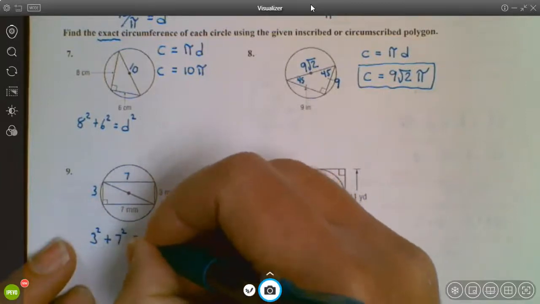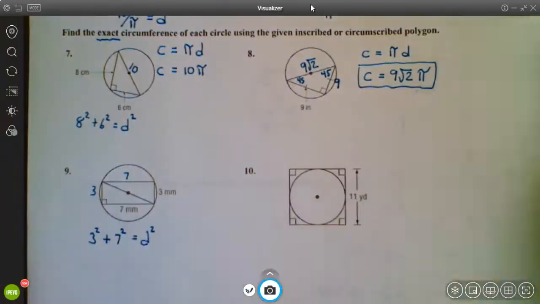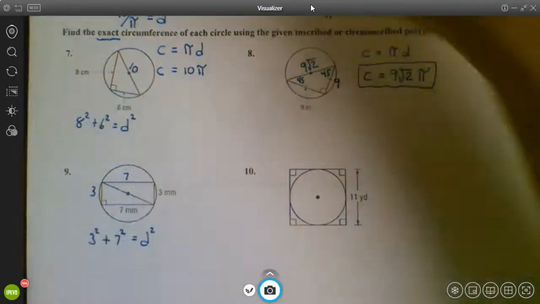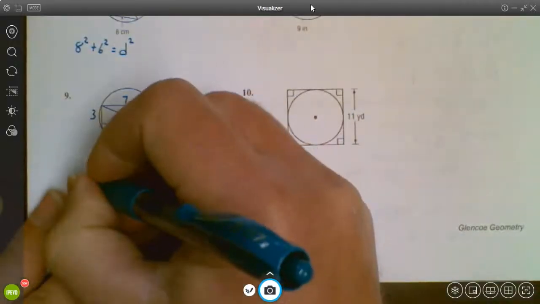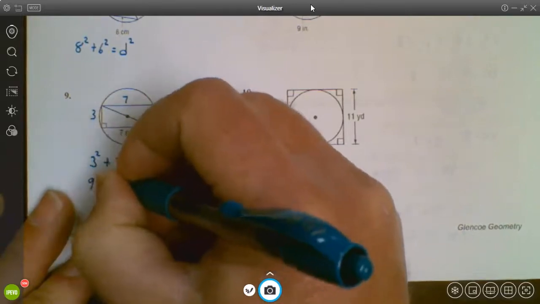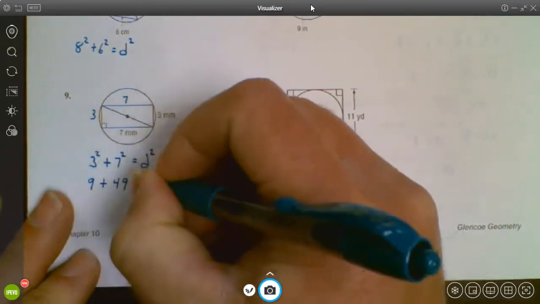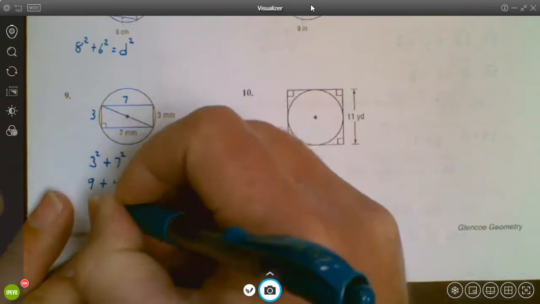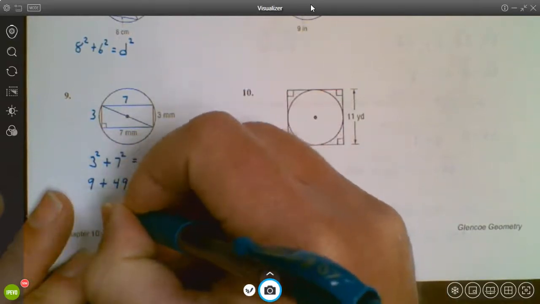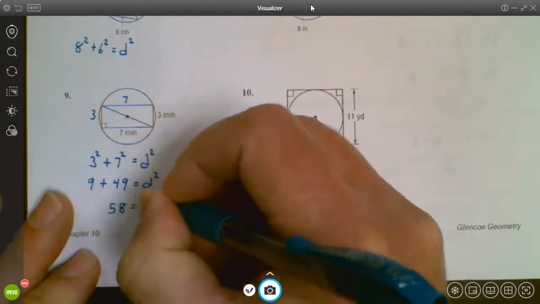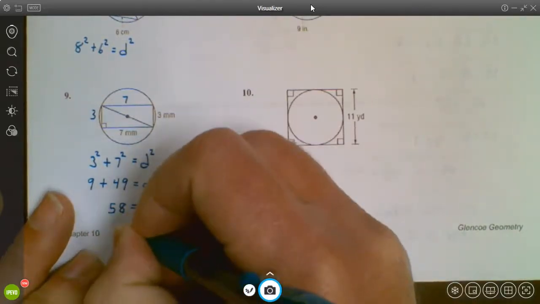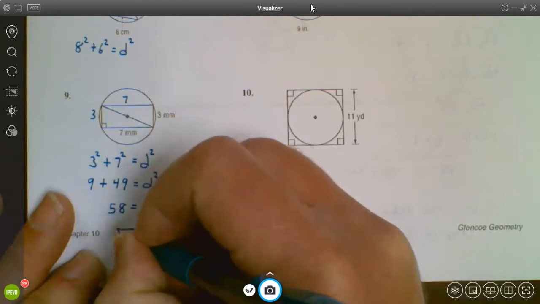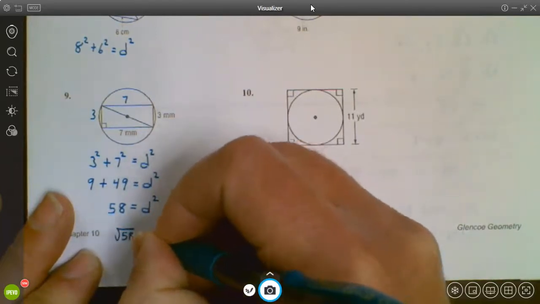Again, I'm going to use d for the diameter, just so I don't confuse my c's with circumference. Let's clean this one up here. 9 plus 49 equals d squared. So if we simplify, that puts me right here. If I square root both sides, the square root of 58 is my diameter.